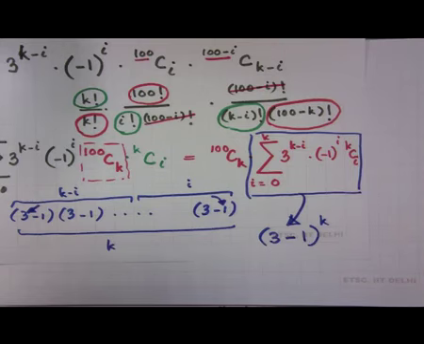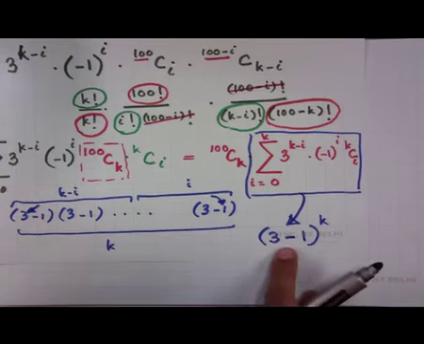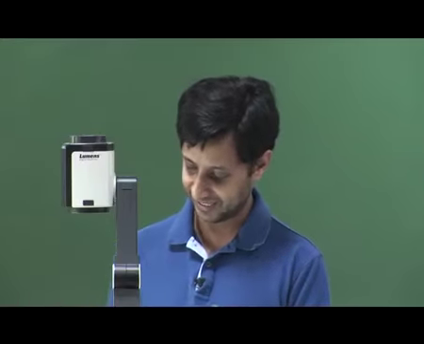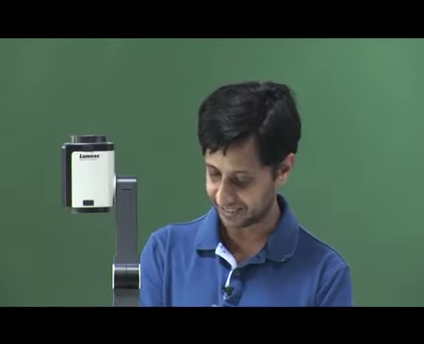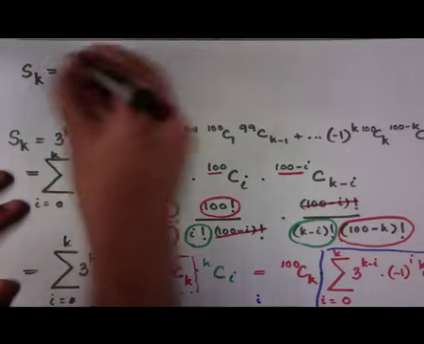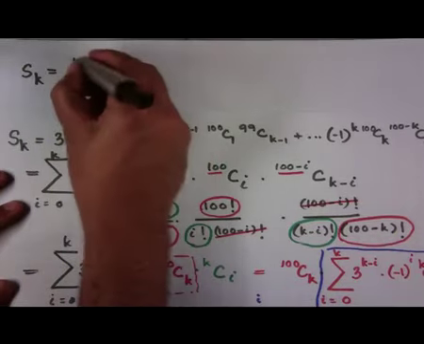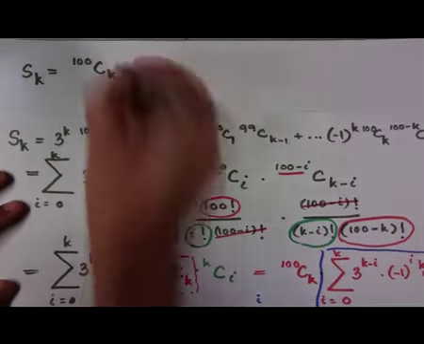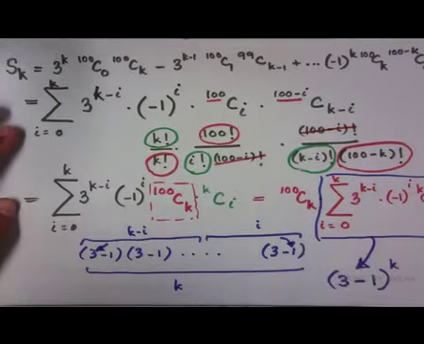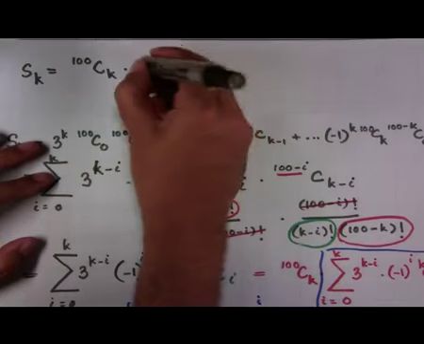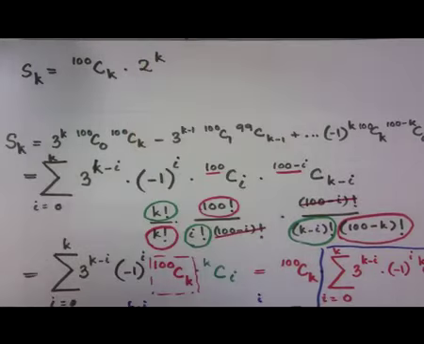Okay. Once we are done with that, the next step is very straightforward. The next step is that therefore, S k is nothing but 100 C k times 3 minus 1 whole power k, which is 2 to the power k. All right. Okay. So far so good.